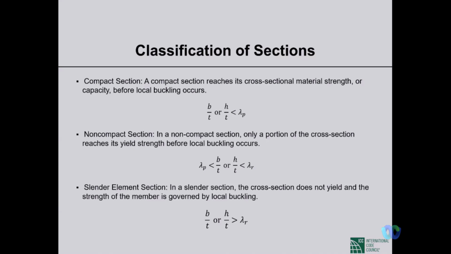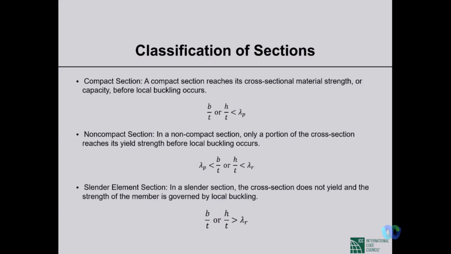But even after it becomes inelastic, they will tend to buckle. So they will experience inelastic buckling. They will not be completely yielded, but there will be some portions in the section which will yield. So it will go into the inelastic zone, but in the inelastic zone, it will buckle.